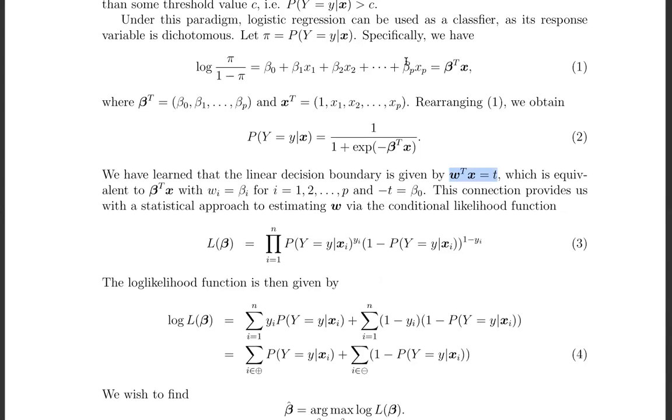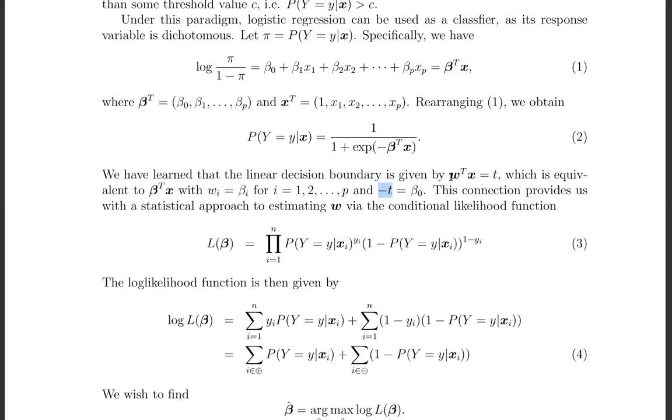So in this case, your linear model here, W transpose X, is basically equivalent to your beta transpose, okay? So your beta plays the role of the weights here. And minus T is equal to beta naught, right?